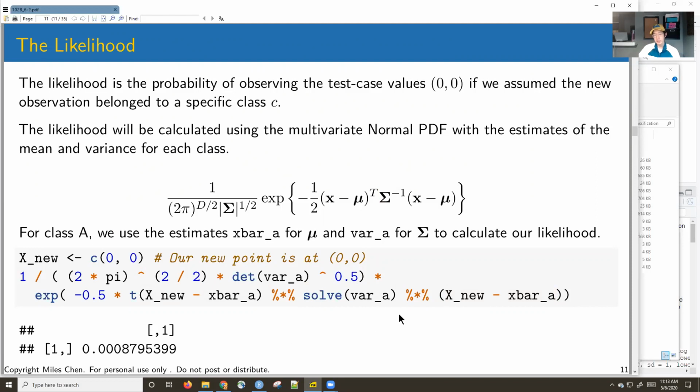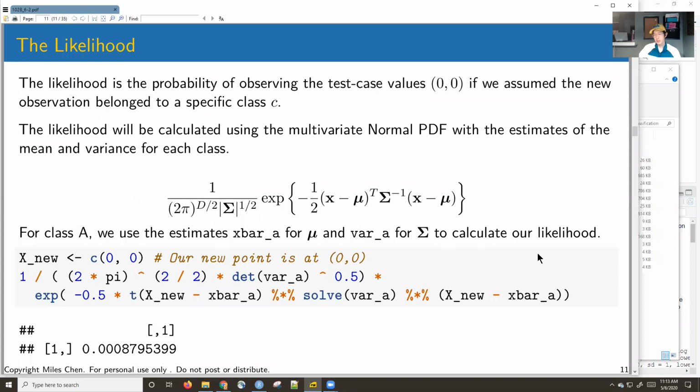When you calculate this, you're going to get a scalar value, and that scalar value is 0.000879539. So we can use the multivariate normal PDF and plug it in and get this.